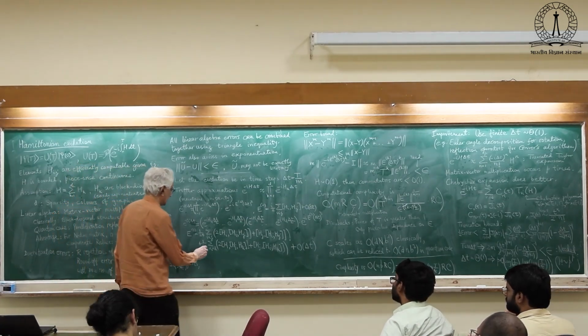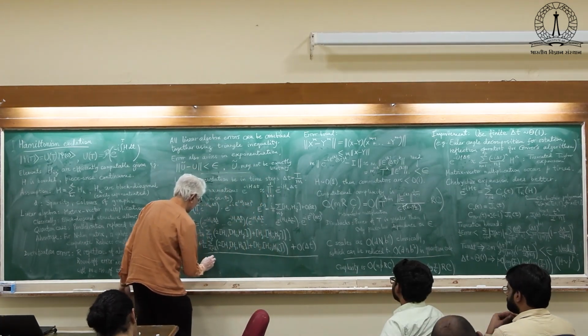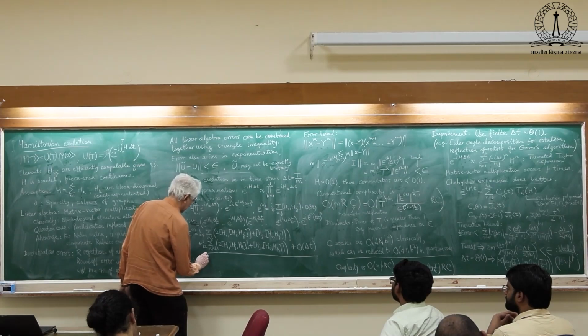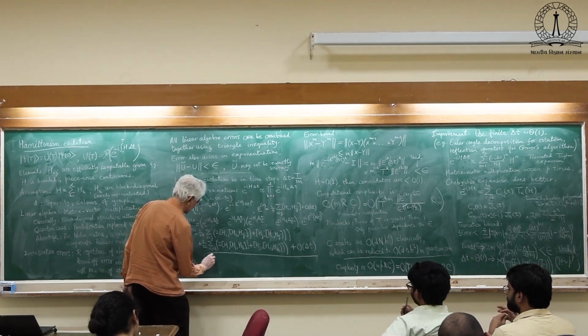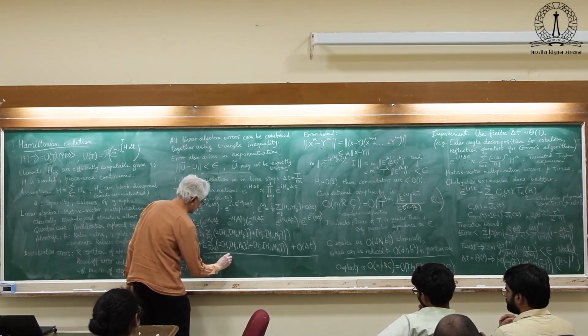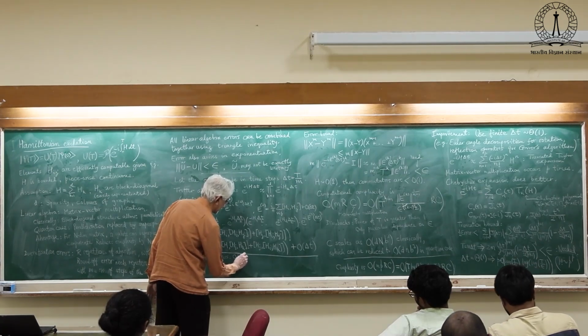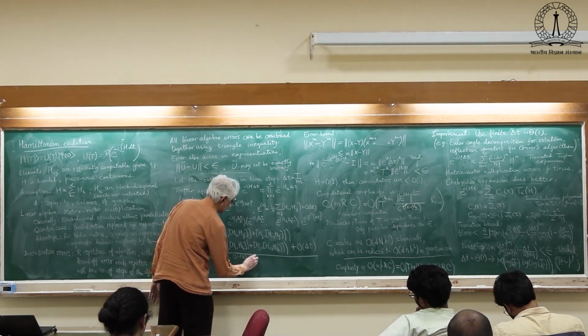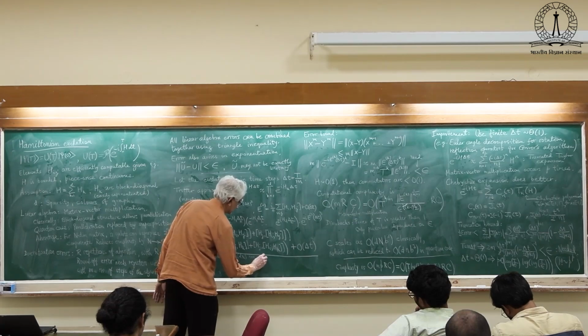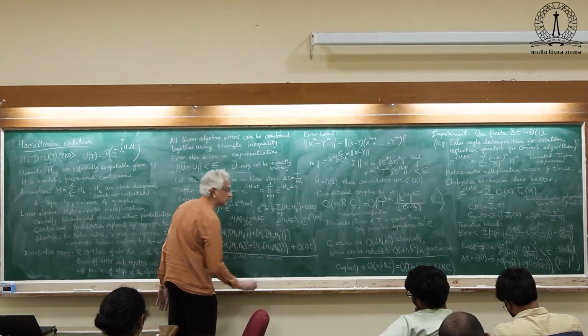So I will just write down some names. Okay. So the sparse matrices, the property is they have order d times n non-zero elements.